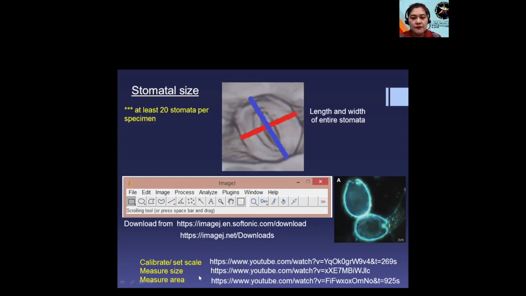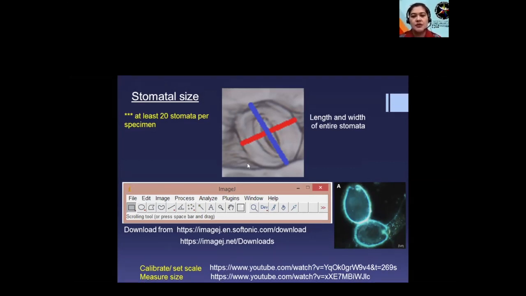I would shift to my Image J. Okay? Sorry po. Ito po yung working ha, this one. Ito po ang nandun sa slide. So for Image J, papasok ka sa analyze, andito na po ang set scale. Okay?